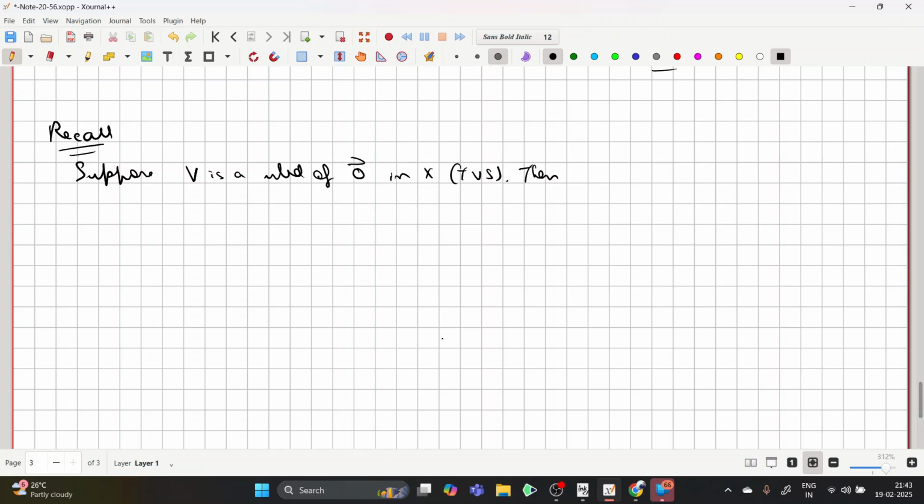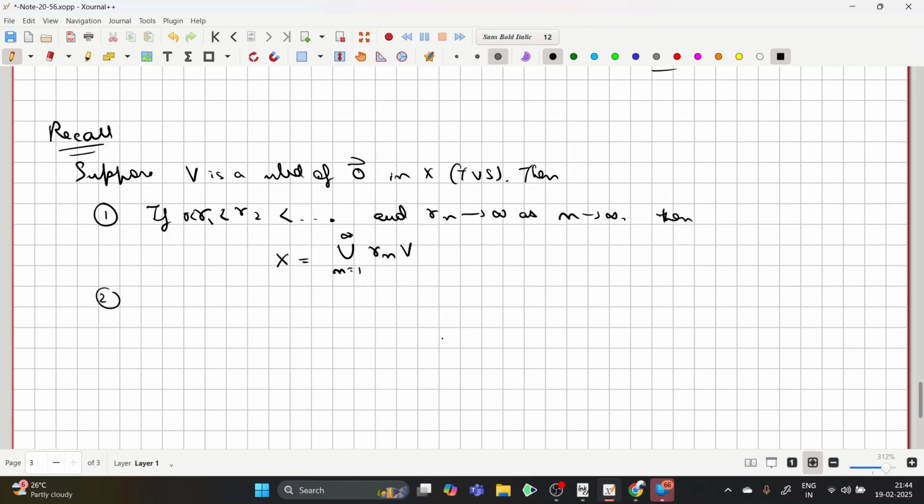Then number one, if I choose an unbounded sequence of scalars, 0 less than r1 less than r2, and so on and so forth, and rn tends to infinity as n tends to infinity, then I can write X as the union of rnV, n equals 1 to infinity.